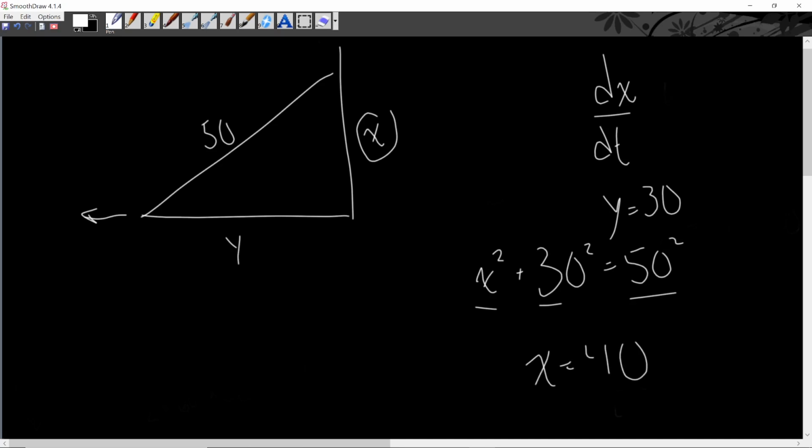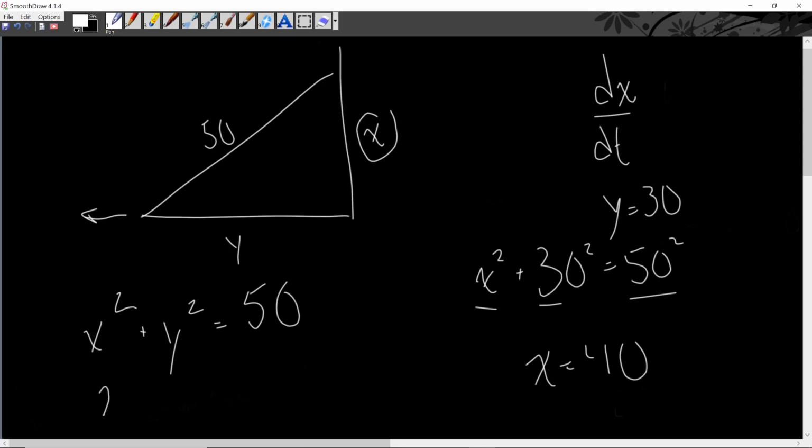And from here, let's write our formula so far. We have x squared plus y squared equals z squared, though z doesn't actually change. Let's say this is 50.